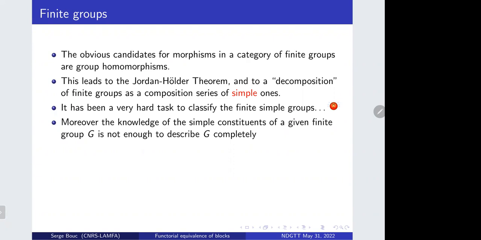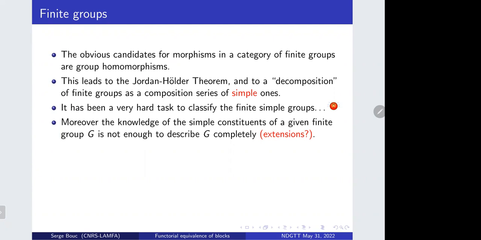And this is related to the classification of extensions of finite groups, which in general is in itself a rather difficult problem. So we have this perfectly respectable category of finite groups with lots of nice results. However, it's also a bit complicated because of that.